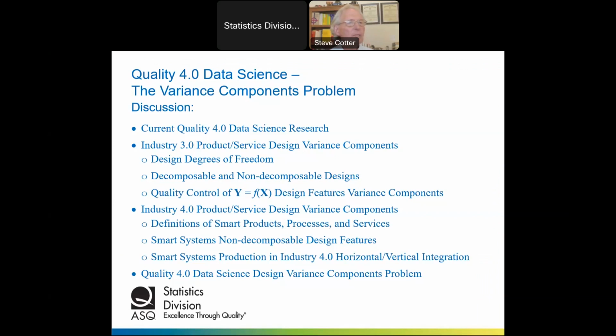Our discussion today, first we'll look at the current Quality 4.0 data science research, then establish the foundation of Industry 3.0 products, service design, variance, components.